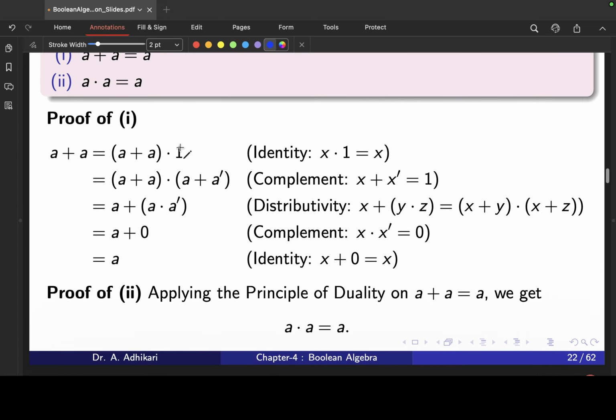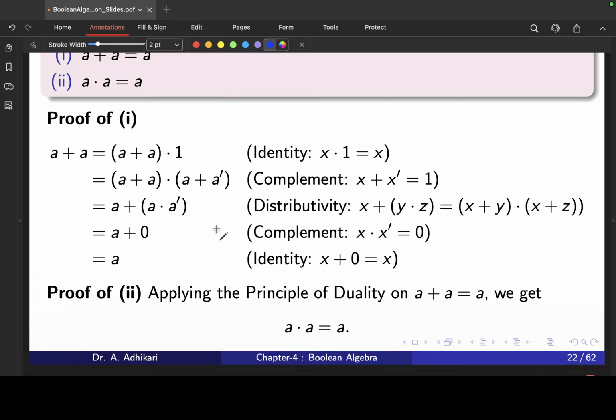Next, write the complement law, x plus x dash equal to 1. So in place of 1, we write here a plus a dash. Next, applying distributivity, this a plus bracket a dot a dash, from this we can write a plus a dot a plus a dash.